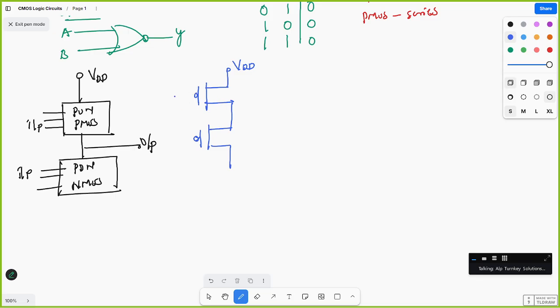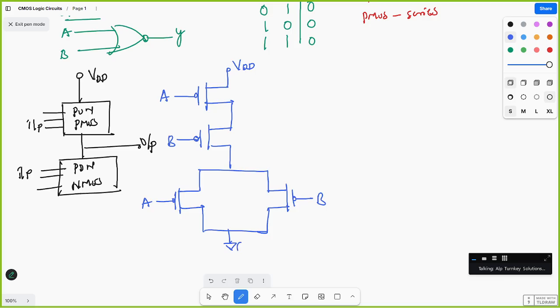Let us take these inputs as A and B. Here, this one is parallel. You take these inputs as A and B, and this one is connected to ground. You take the output from here.